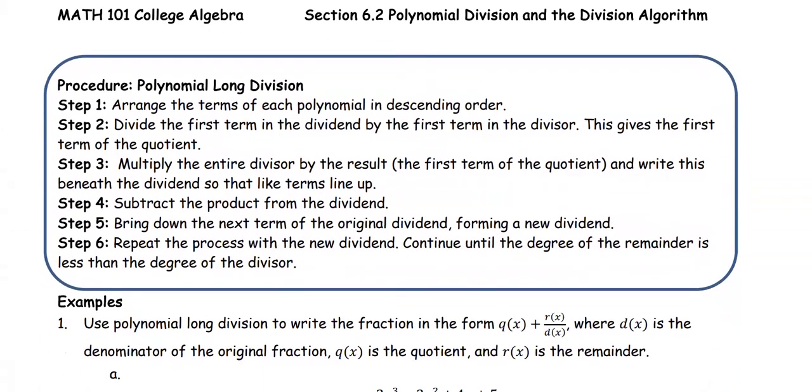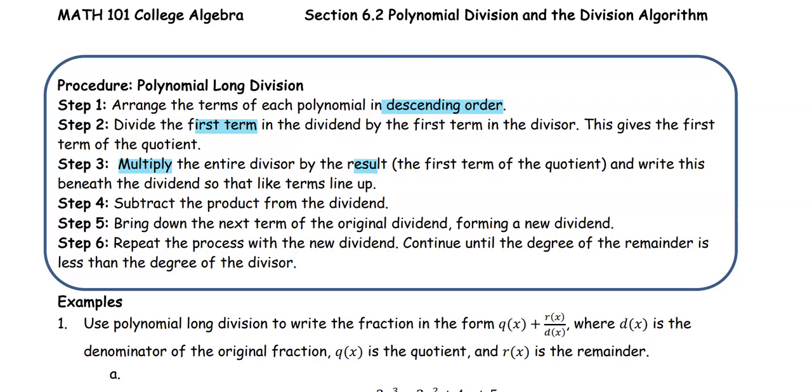The procedure for polynomial long division. Step 1, arrange the terms of each polynomial in descending order. Step 2, divide the first term in the dividend by the first term in the divisor, which gives the first term of the quotient. Step 3, multiply the entire divisor by the first term of the quotient that we found, and write this beneath the dividend so that like terms line up.